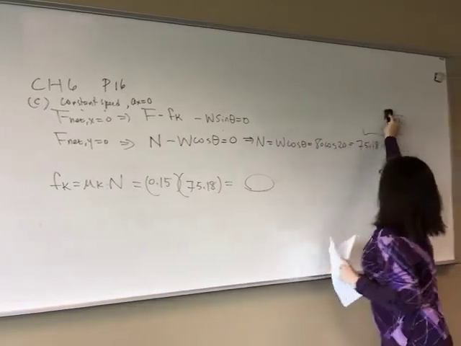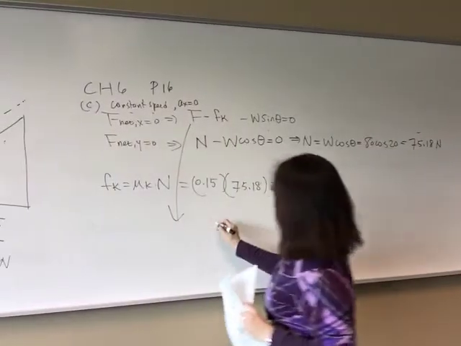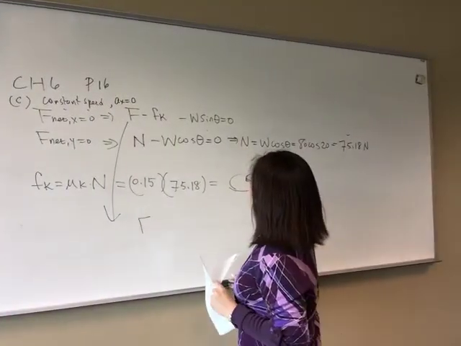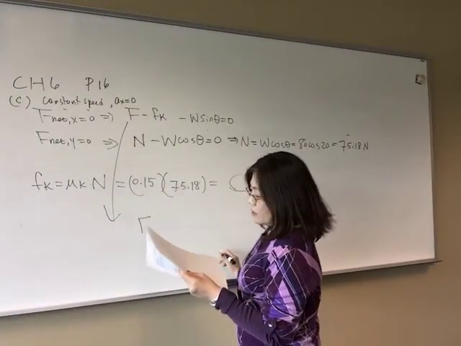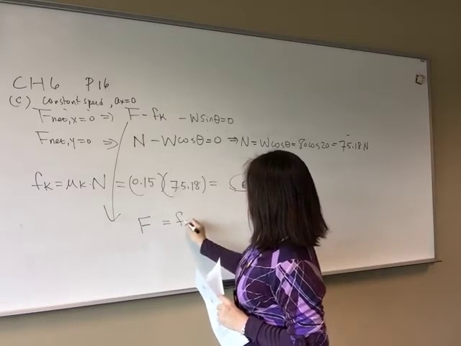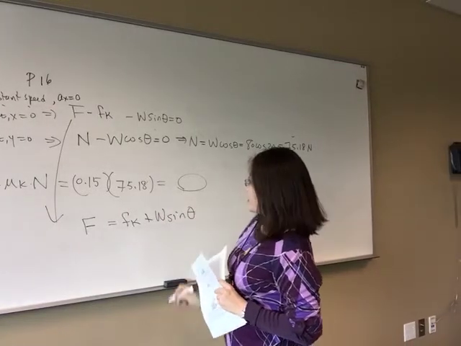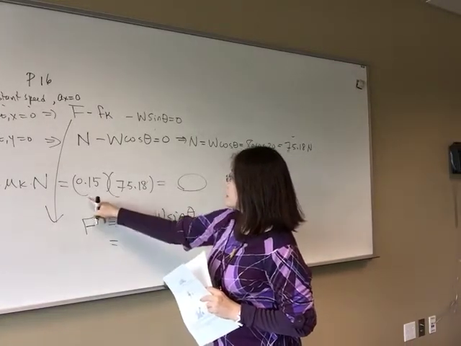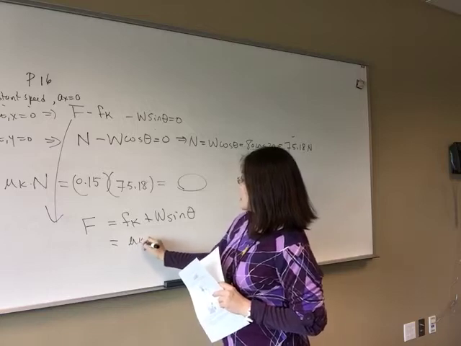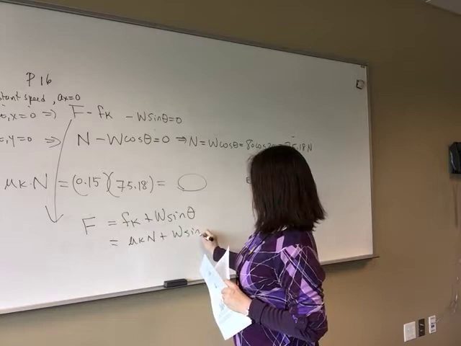So what you have here, I'm going to move it down here. So you have your F. What are you asked to find? You also find the force. So F is equal to your Fk and then plus W sine theta. Okay, so Fk is just this, mu k times the normal force, and then plus the W sine of 20 degrees.